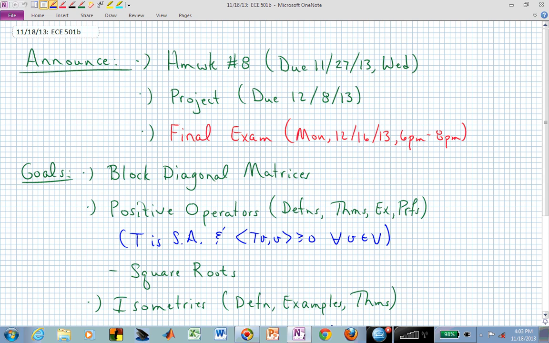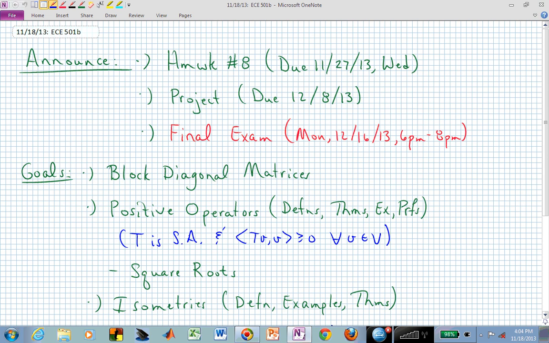But today what I want to do is give you some information about block diagonal matrices. I'm going to assume that you can manipulate those or use those, but we'll establish that those particular matrices can be constructed.